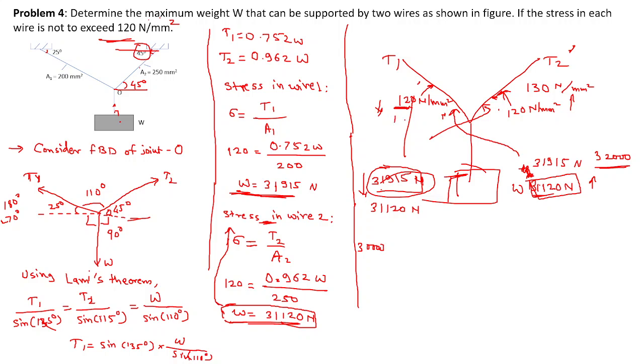Means if we consider some approximate stress, the lower value than 120 will be 110 Newton per mm square. If we apply 31,915 Newton on this wire, then it will be 120 Newton, and for 31,120, it will be 110 Newton, for wire number 1.